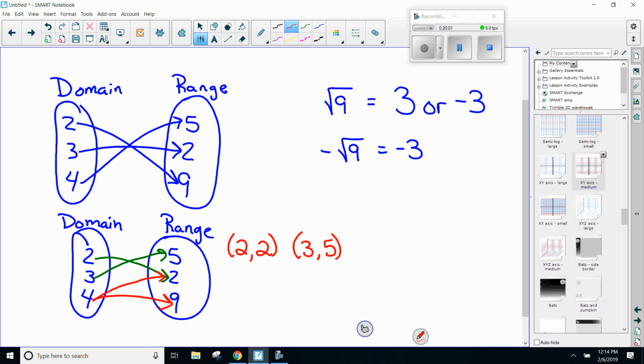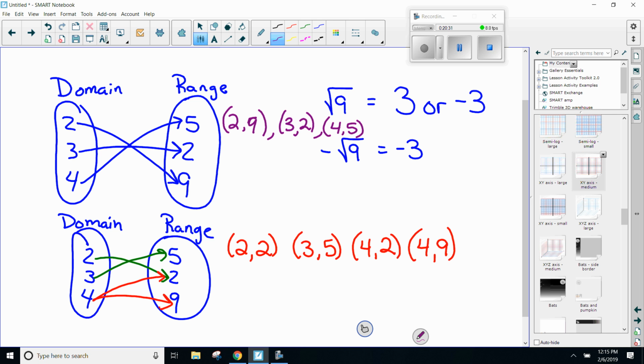What's another point that exists? 4, 2. What's another point that exists? 4, 9. So if I talk about the list of points up here, the list of points I have here are what? 2, 2, 9. What's another point I have? 3, 2. And another point I have is 4, 5.